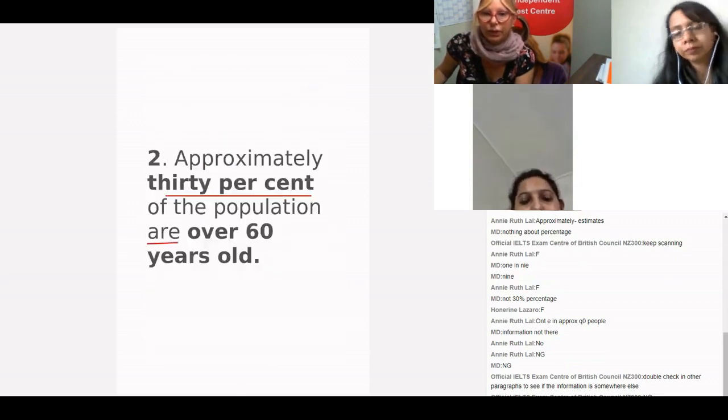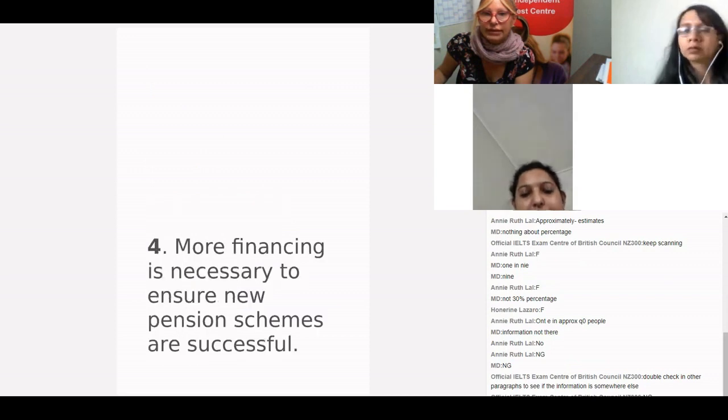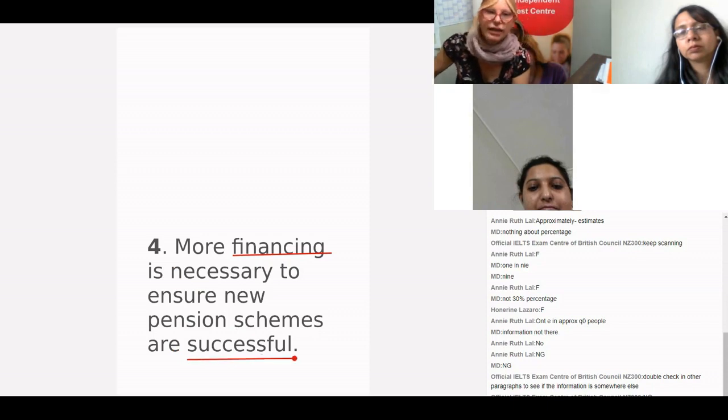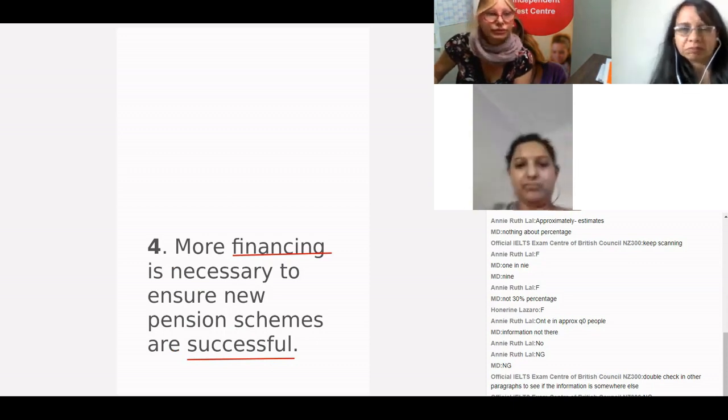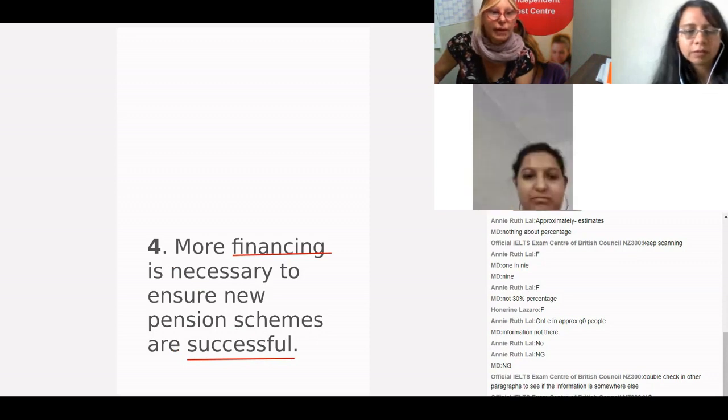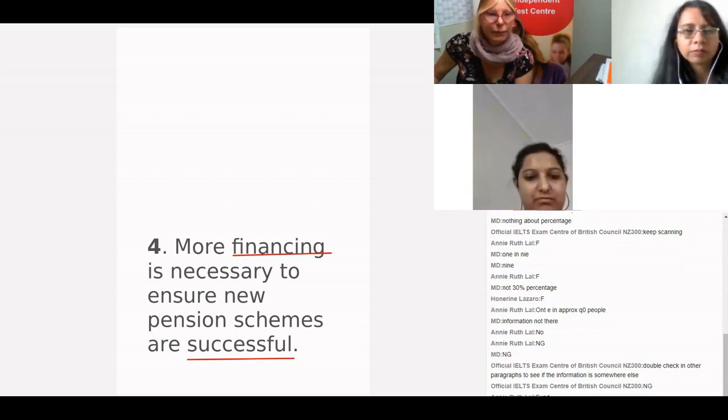Okay, so let's move on to our next question, number 4. More financing is necessary. So this is one of our words here. Financing is necessary to ensure new pension schemes are successful. Okay, so we want to make sure that we're looking for information about financing. What does financing mean? What are some other words related to financing? Funding. Just pop it in the box.